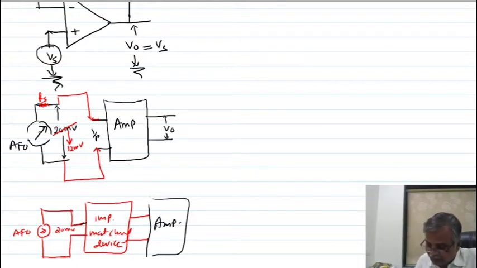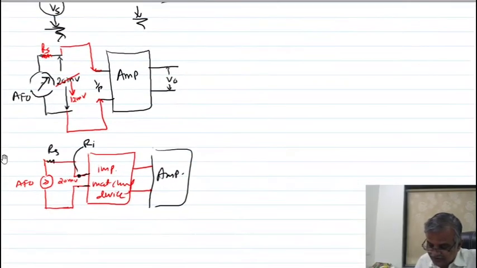Now this input impedance is very large, already I told you. Sir, how much large? Let me say this input is Ri. This is your Rs. So this circuit is like this. This is your Vi. This is your Rs. This is your Ri.